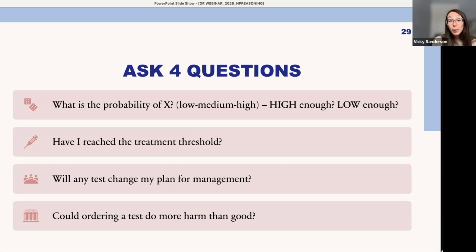So, for this UTI presentation, the probability of disease is pretty high right now. And I ask myself, is it high enough? I might estimate it as 85% probability of a UTI. That's high enough for me to diagnose and treat this UTI. But there are certain diseases that are more dangerous where we're going to need that probability of disease to be way higher, like in the 90 to close to 100 range.